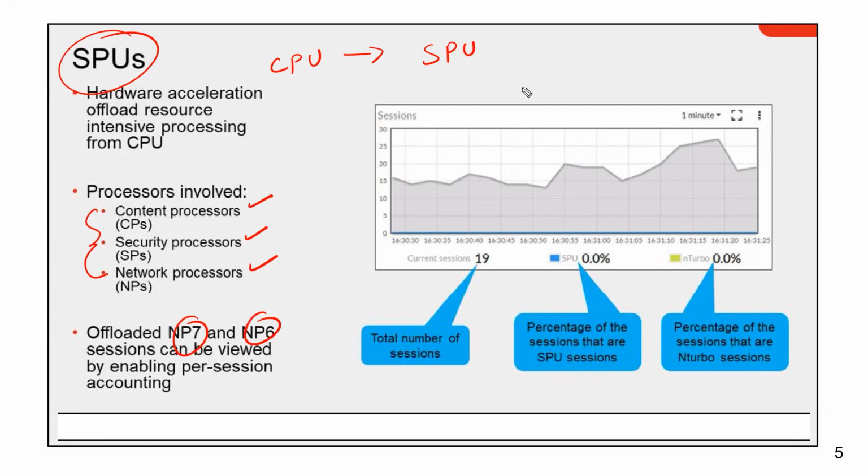You can go to the dashboard, and under the dashboard you have the interface monitoring. Under the interface monitoring, you'll be able to know how much of the traffic is being handled by the SPs, okay, and how much traffic is handled by NTurbo. Again, these are hardware ASIC chips, and it will tell you how much traffic is being handled over here. So let's, for example, say it comes up around 30%.